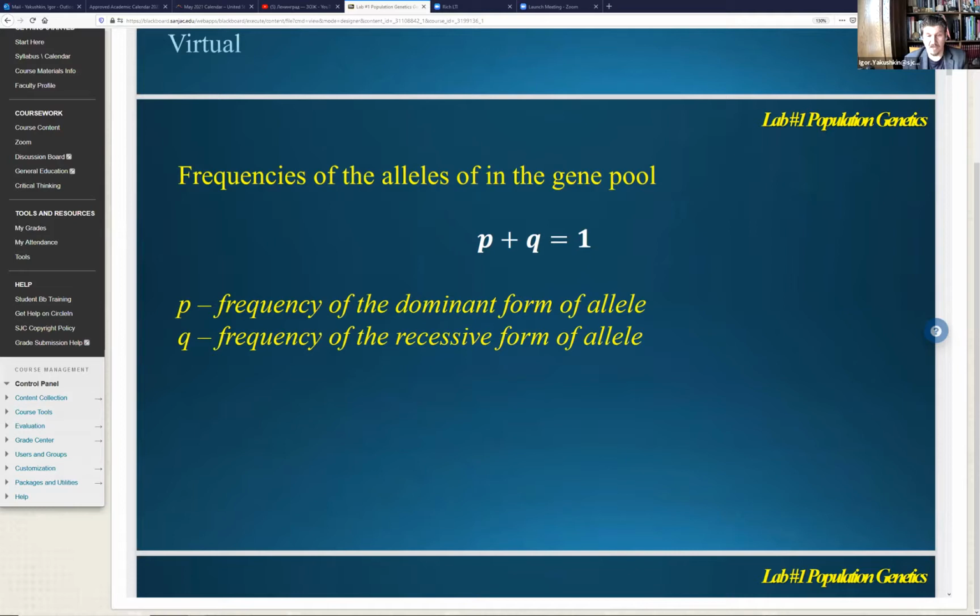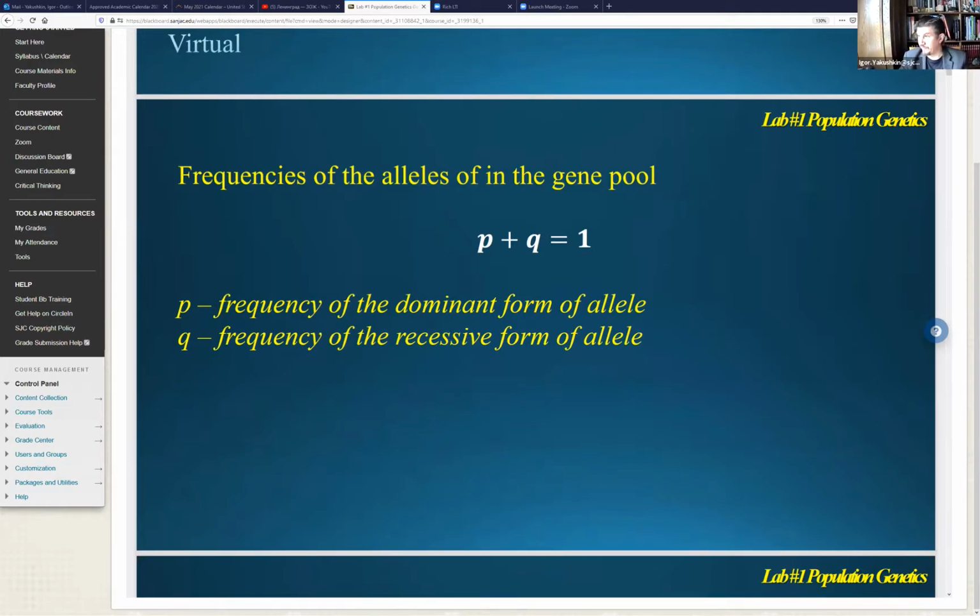The other half would have Q, right? So P plus Q has to be equal to 1. Therefore, if P is 0.5, you can automatically find Q. Q will be equal to 1 minus whatever P is. In this particular case, 1 minus 0.5 will be 0.5. So far, so good? Any questions?